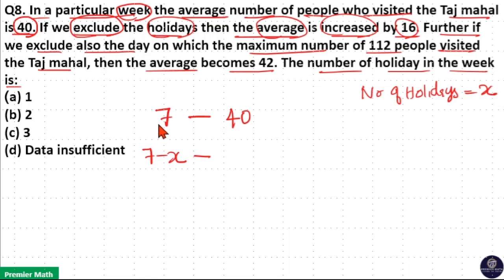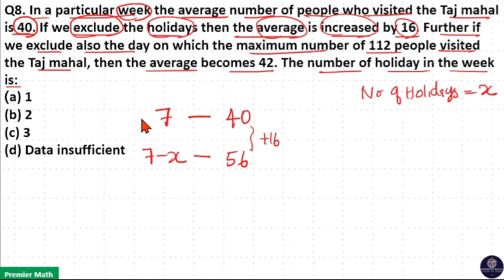That is, previously without the exclusion of holidays, number of days is 7 and average is 40. Now after excluding the holidays, average is increased by 16. That means average is 40 plus 16, 56 for 7 minus x days.